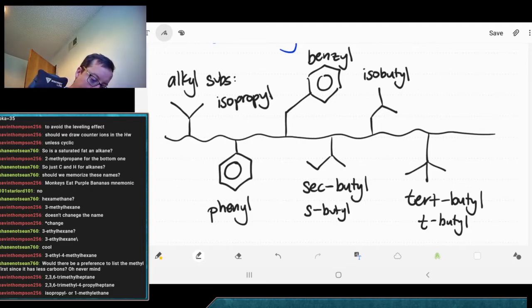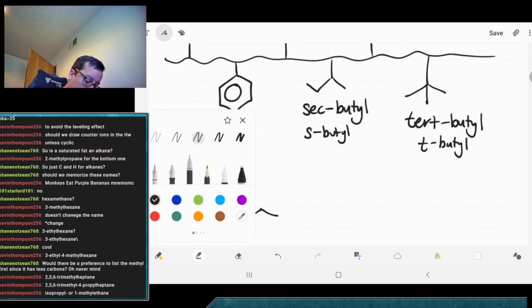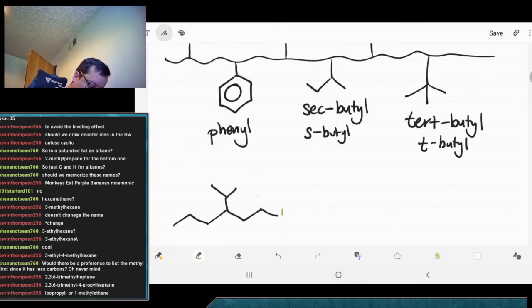So, looking at some of these, let's do some examples. We could call this one. Again, I'm being so nice. I'm putting our chains so nicely. I could have labeled from the left. Doesn't matter, you can get 4 either way. You could call this 4-isopropylheptane.